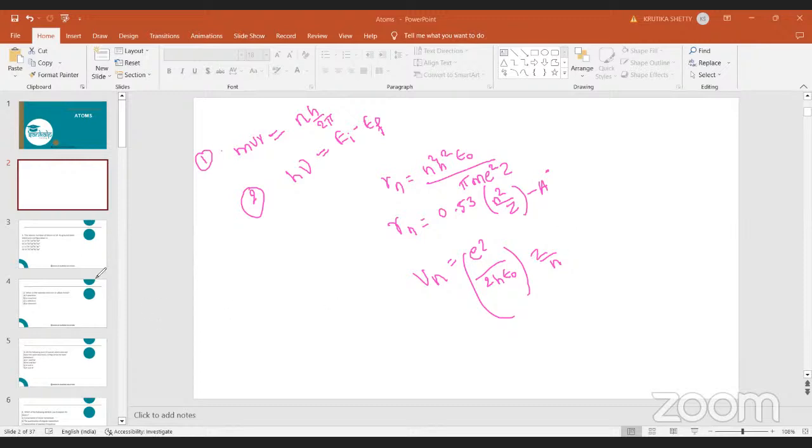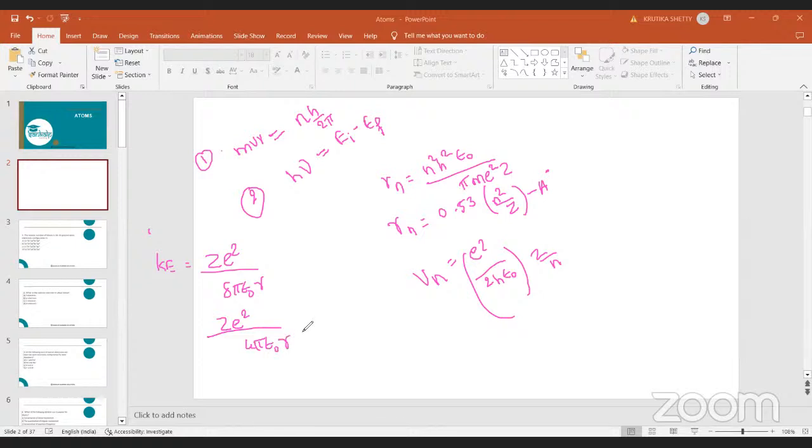Then the third formula, the kinetic energy, is given by z e square divided by 8 pi epsilon naught into r. Then the potential energy is given by z e square upon 4 pi epsilon naught into r.